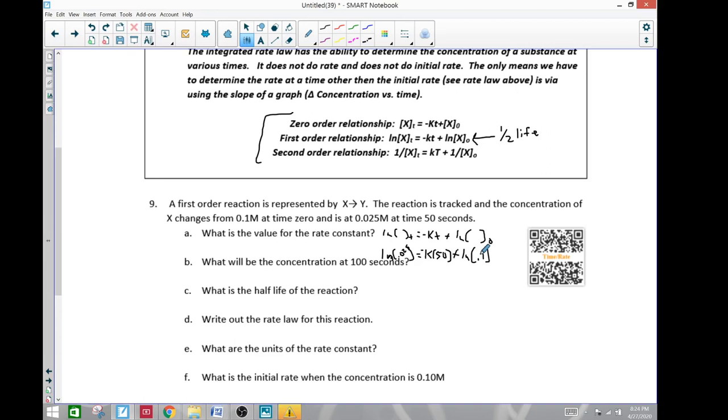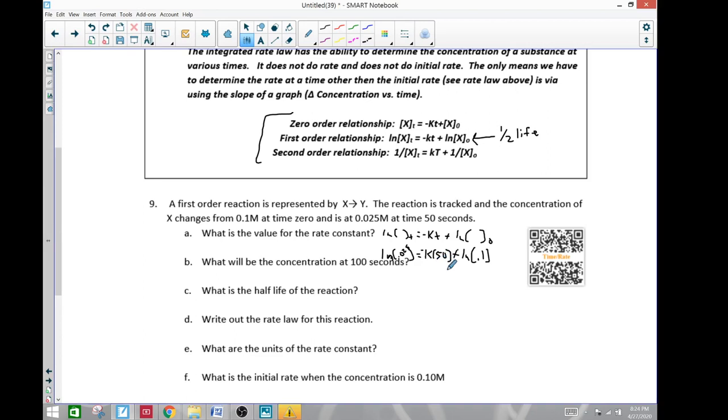The natural log of 0.025 equals negative 3.69 minus the natural log of 0.1 equals negative 1.38. So in this case we have negative 1.38, and then we're going to divide by negative 50, which equals 0.027.